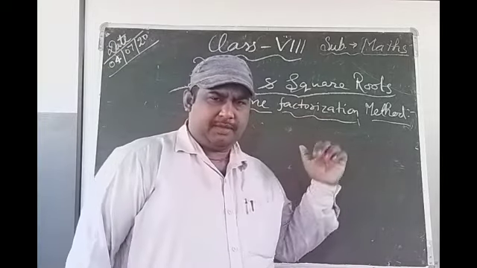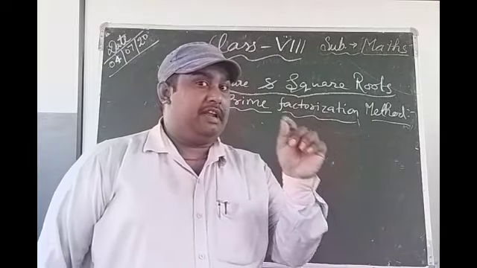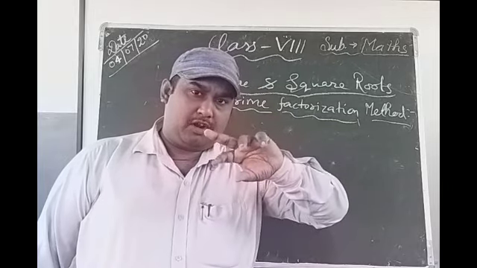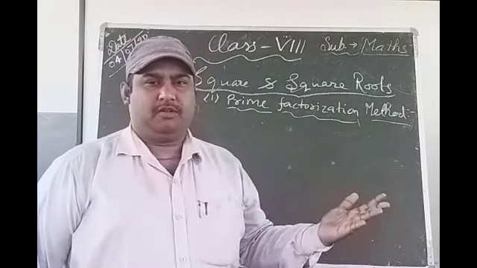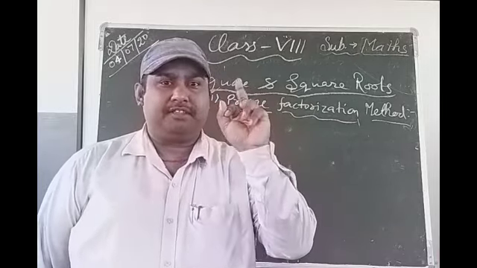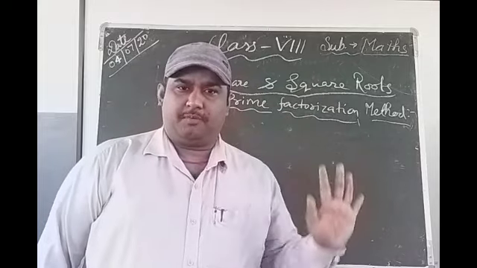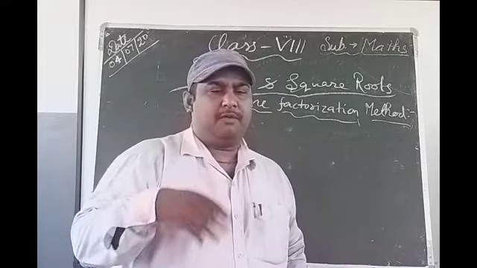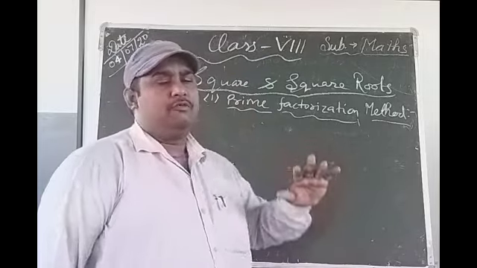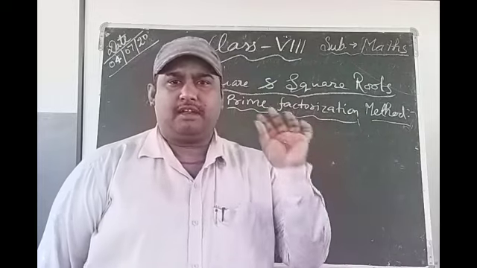Whichever number is left alone will be the required number, because to make a pair of it, suppose 3 is left alone, we have to multiply by 3 to get the perfect square number. And suppose in division it comes, what is the smallest number to be divided by? If 3 is left alone, we will divide by 3. Then the number you get after division will be a square number.